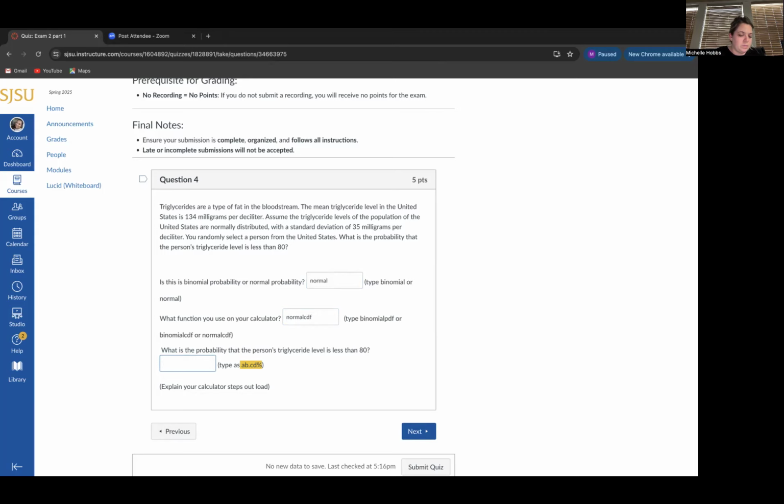Okay, let's see. States. What is the probability that the person's triglyceride level is less than 80?